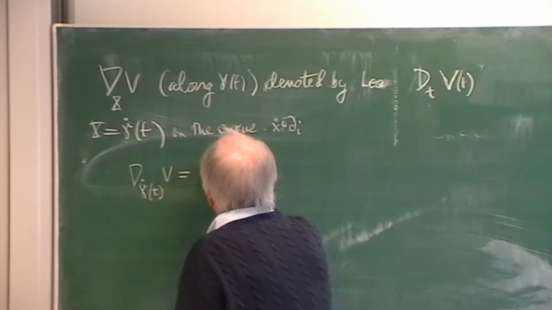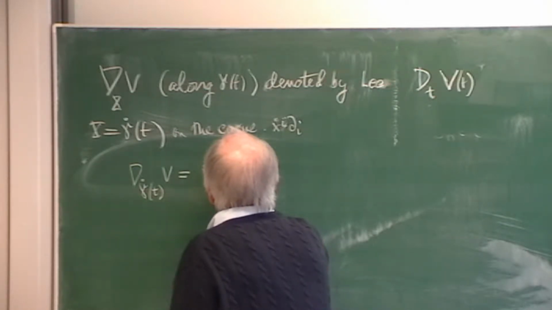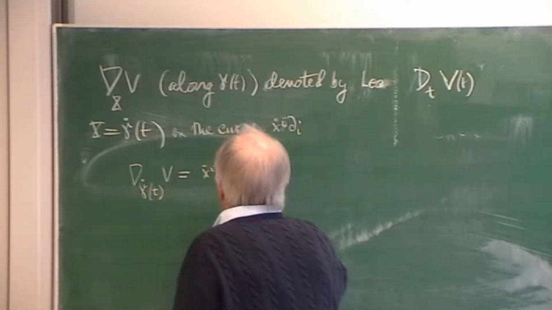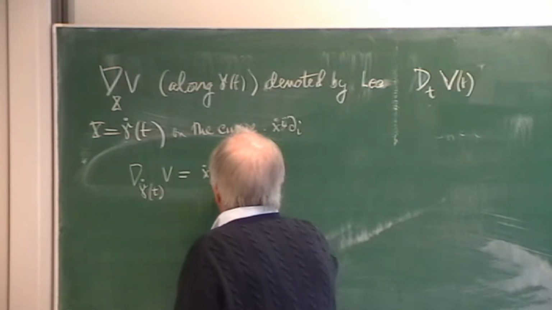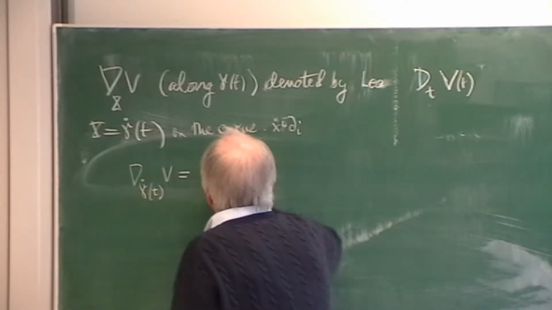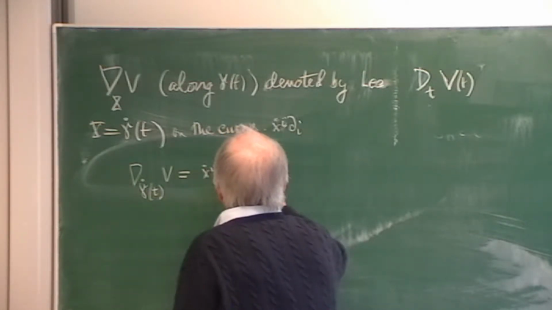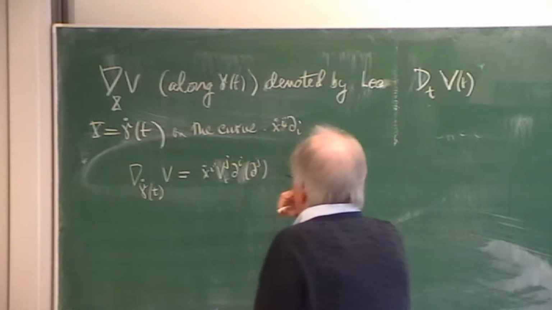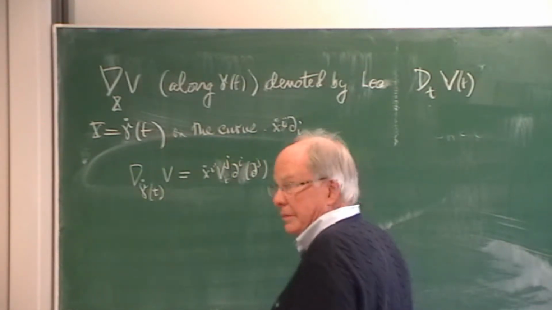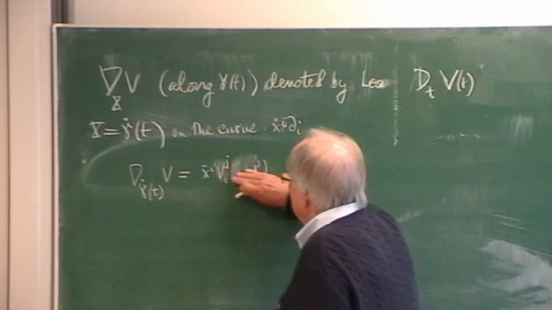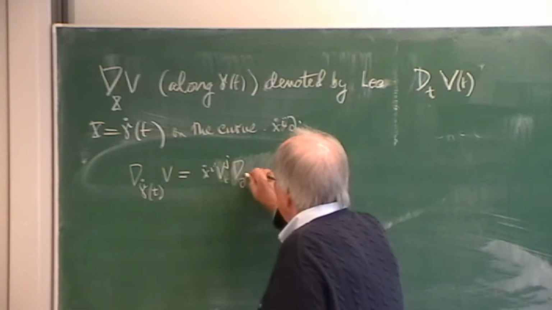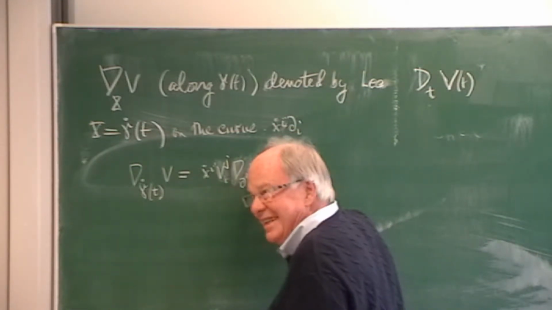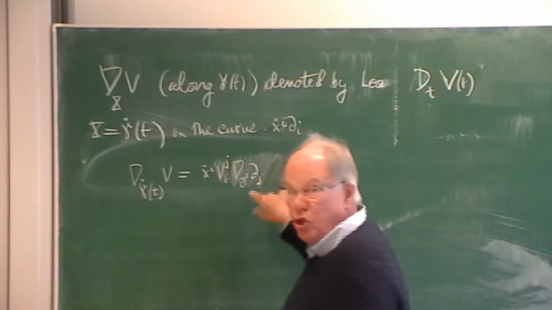It's x point i d_i, and let's put V^j here, d_i applied to d_j. Maybe I should write this carefully. Nabla d_i of d_j. Right? That's d_i applied to d_j.